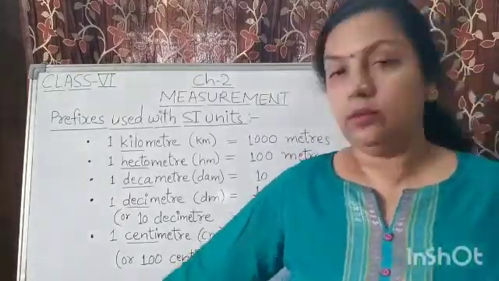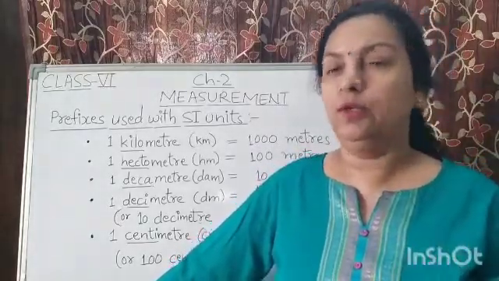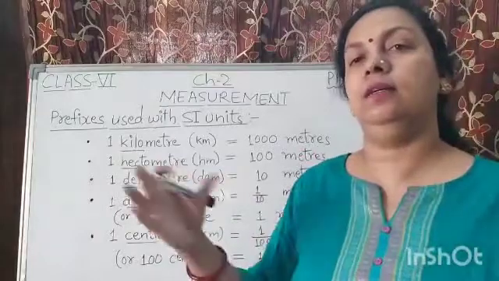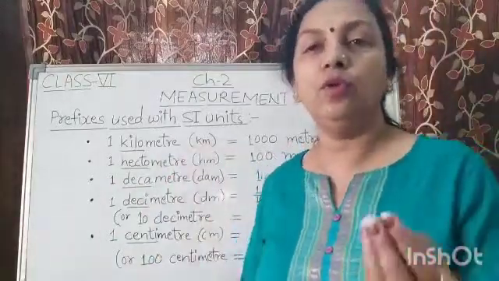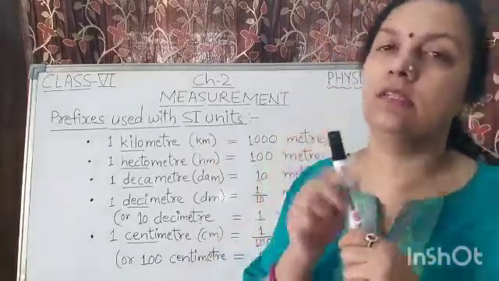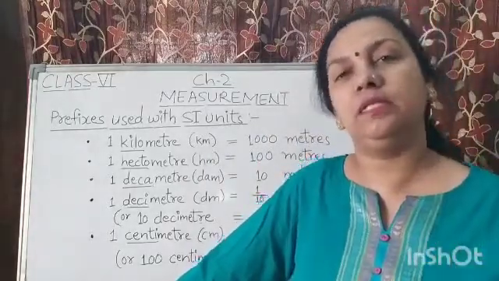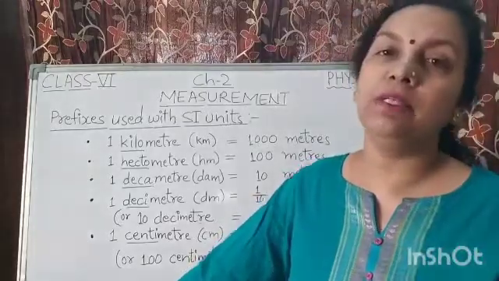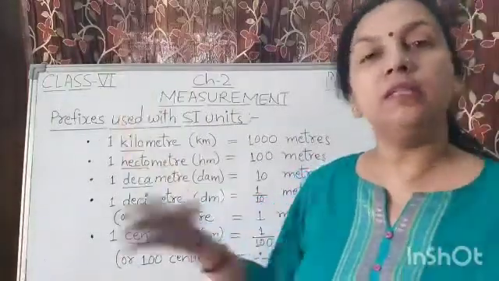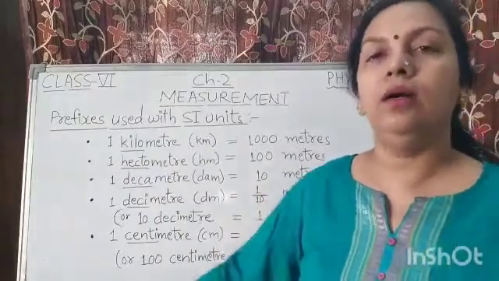So we use some multiples of meter to express bigger distances or greater lengths. Clear? Similarly, if we want to measure very small things like an eraser or the cap of this marker, they are too small for the unit meter. So we use submultiples of meter. Multiples are the bigger units, bigger than 1 meter, and submultiples are smaller units than a meter. They represent small lengths.